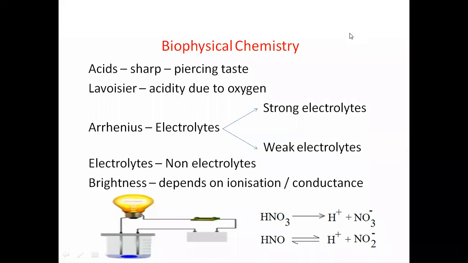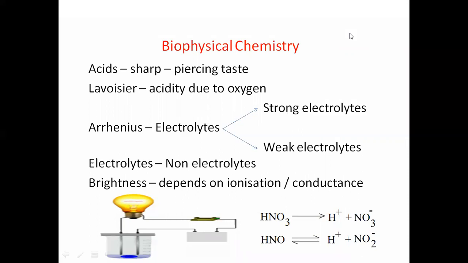Anything which has a sharp and piercing taste, like a lemon or other citrus fruits, people said that they contain acids. Later on, Lavoisier gave the idea that the acidity of a substance is due to oxygen.